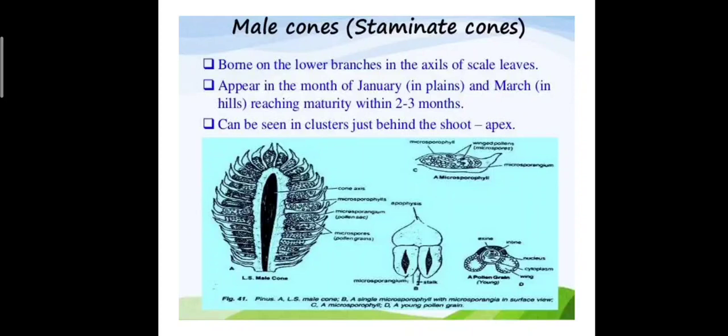The microsporophylls are soft and fleshy when they are young, but at maturity they will be hard and woody, larger in the middle region and smaller at the base and the tip of the cone axis. Each mature microsporophyll will be a somewhat triangular structure.